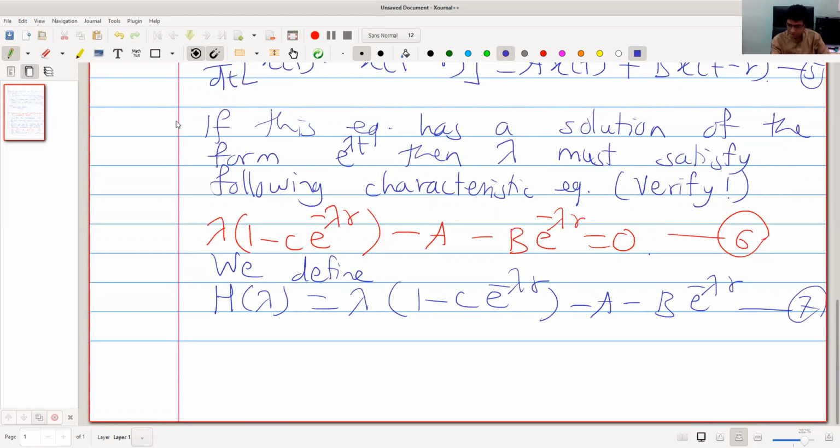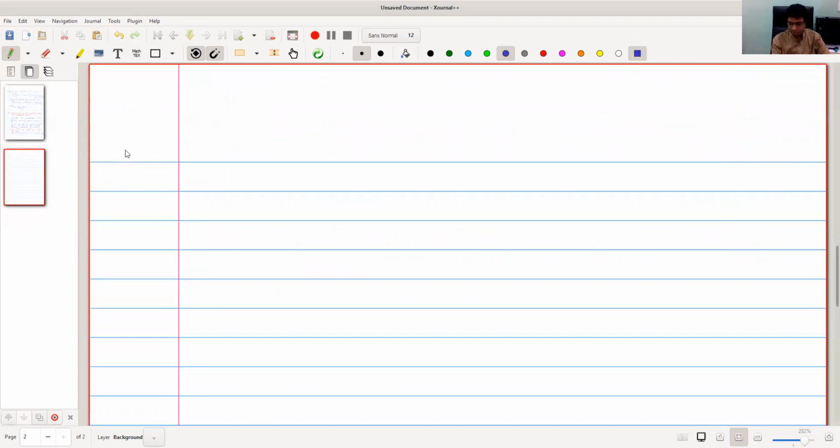Now we discuss an important result about stability. Lemma 1.